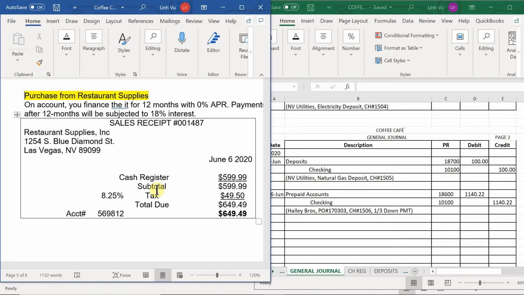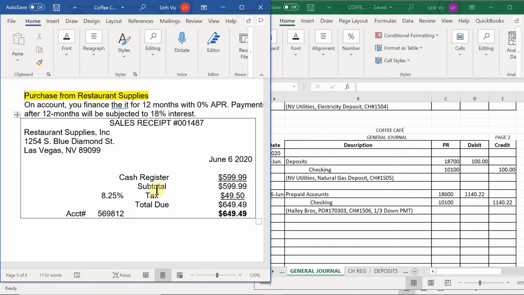However, there's a catch to it. This obligation could be extended. Instead of paying it within 12 months, I can pay it over a span of 3 years, 36 months. It's negotiable.